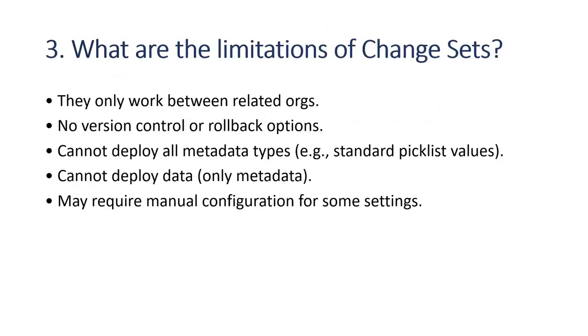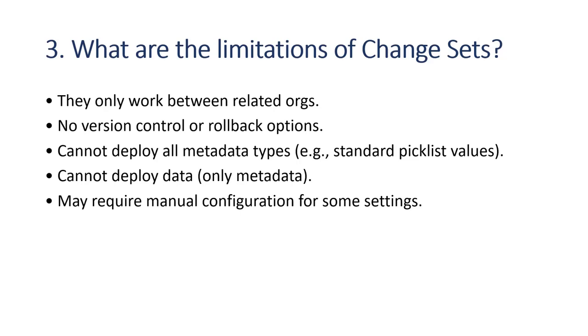And what are the limitations of change set? They only work between related orgs, and we cannot do any version control or rollback options, and we cannot deploy all metadata types, for example standard picklist values, and we cannot deploy data. Only metadata we can deploy through change set.